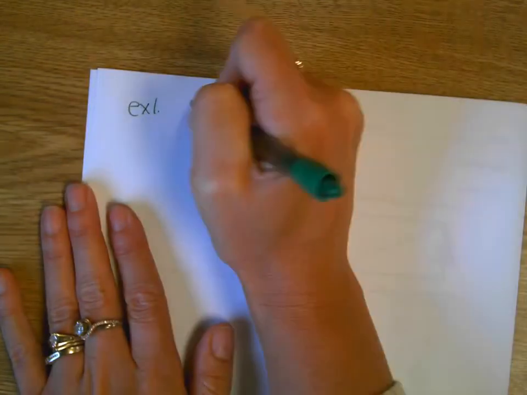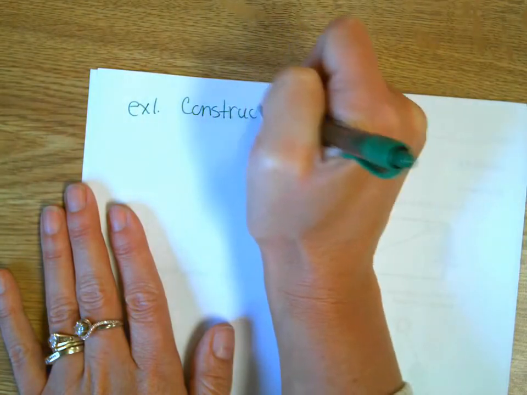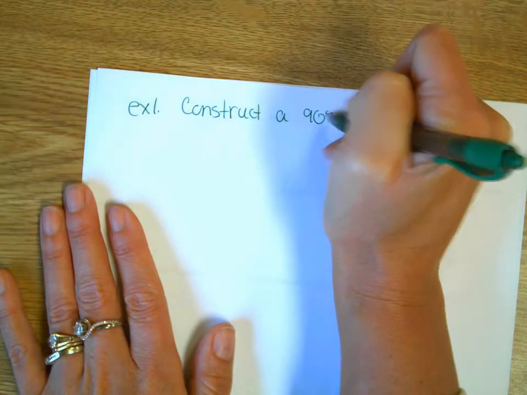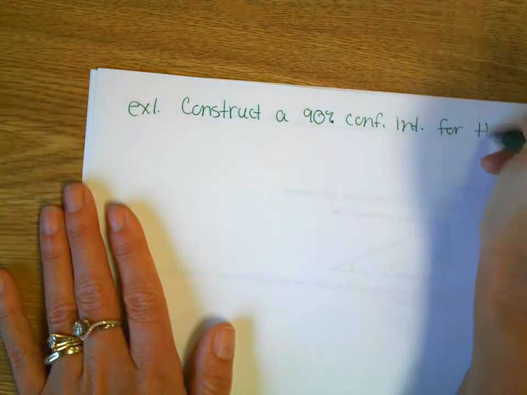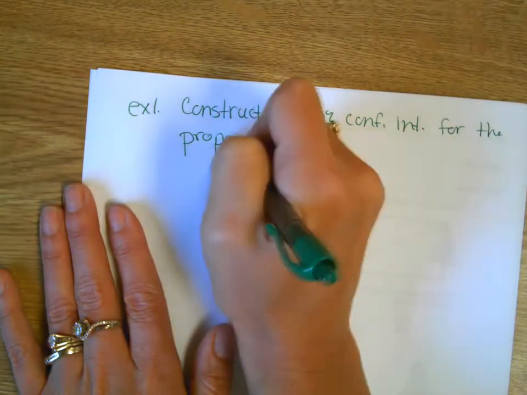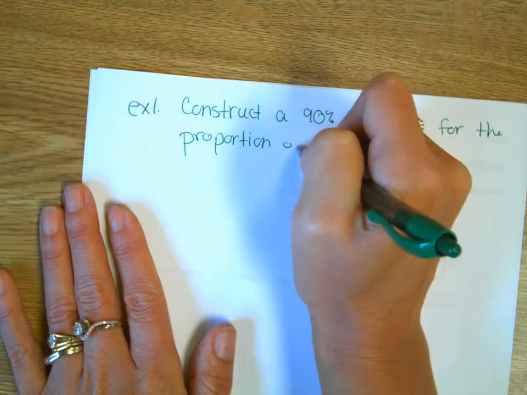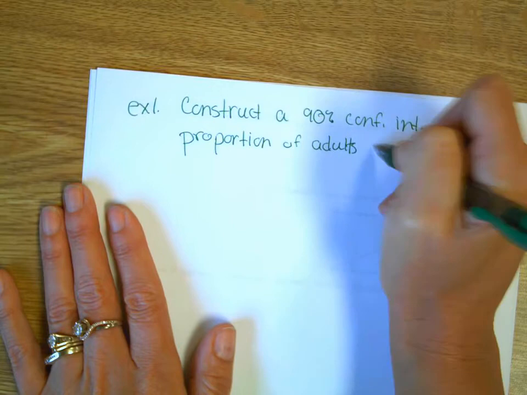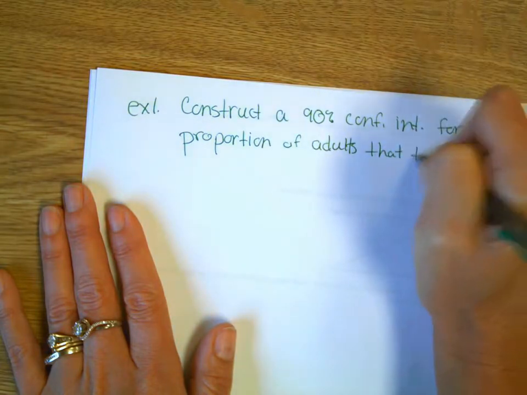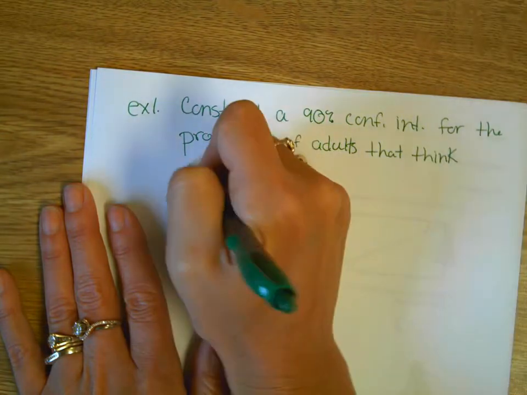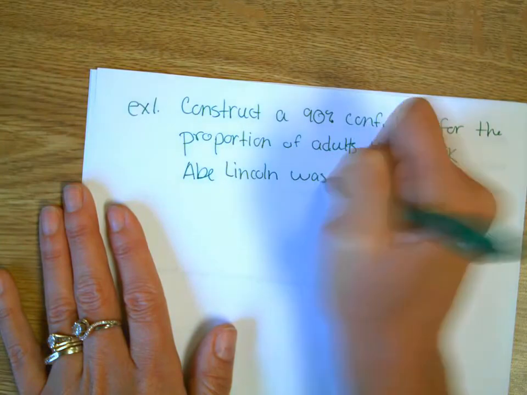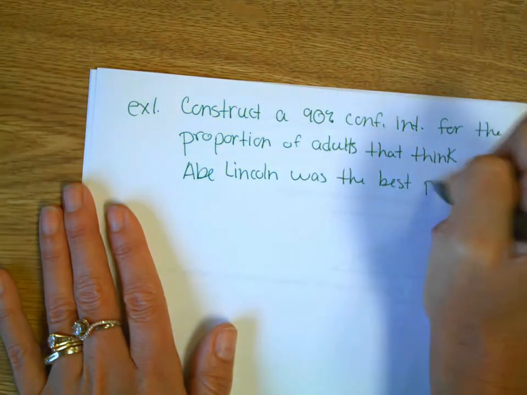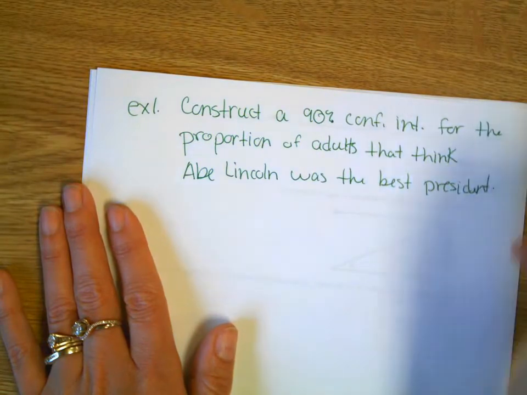Okay, so example 1. Construct a 90% confidence interval for the proportion of adults that think Abraham Lincoln, so we'll go with Abe Lincoln, was the best president. 90%, 100% of adults have met him, so.